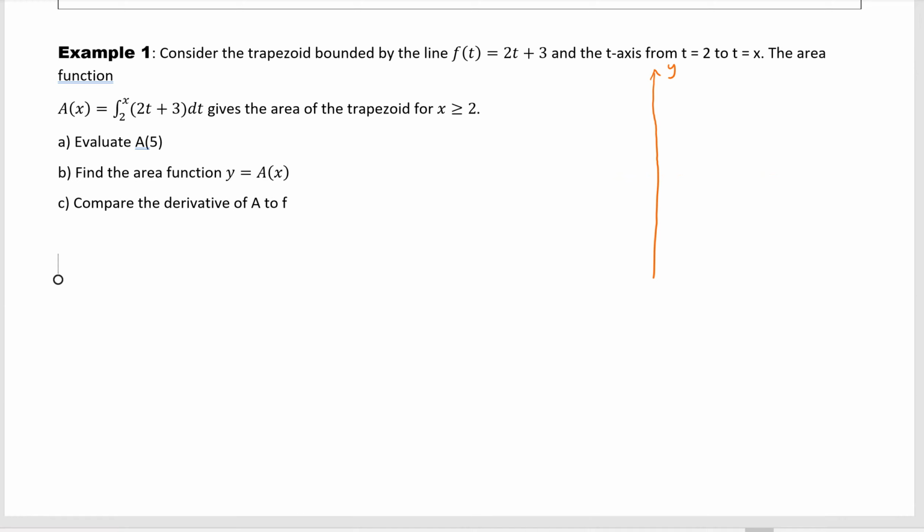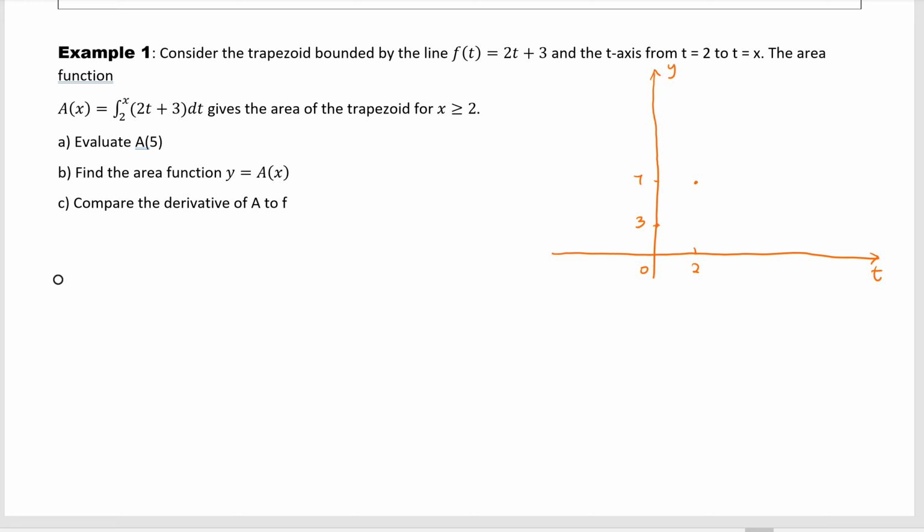Alright, so then we can have more space. So this is t. This is 0. Okay, so 2t plus 3. When t equals 0, we get 3. When t equals 2, 2 times 2 is 4, 4 plus 3 is 7.